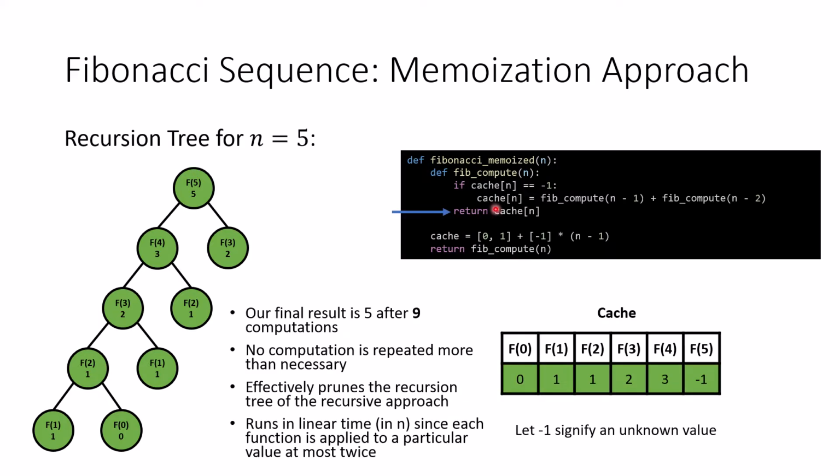Both of them involved having a function that called itself on a smaller version of the problem. So it's top-down because we started at our n equals 5, and then we worked our way down to n equals 4, n equals 3, and then that n equals 4 would correspond to n equals 3, n equals 2, and so on. Eventually we worked our way down to our base cases of f of 1 and 0, and then we worked our way back up. So we start at the top, and now we're here at the bottom.